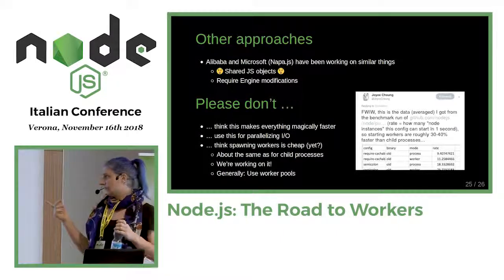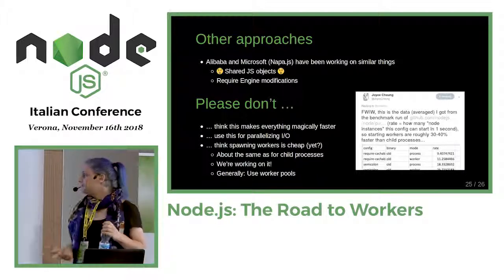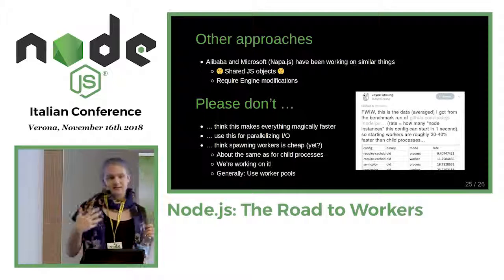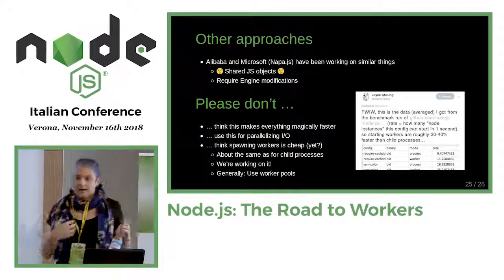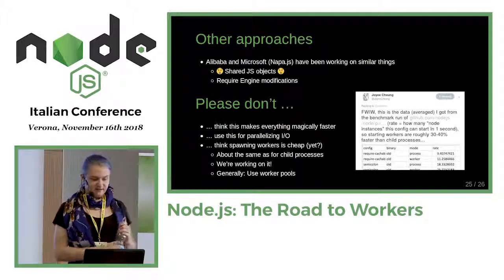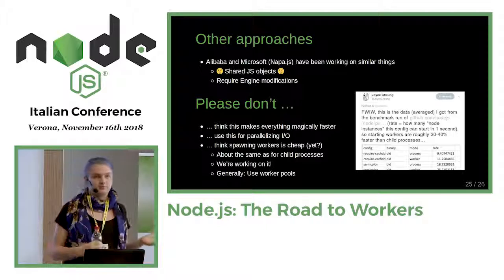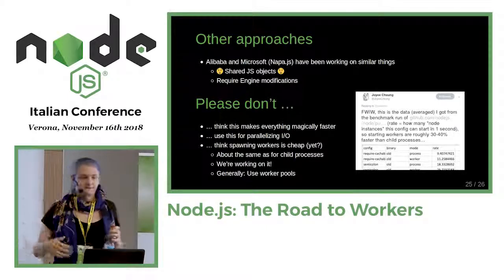A friend of mine actually benchmarked this after I gave this talk last week. She came out with a number of 30 to 40% faster than child processes, which I'm happy about, but it's still not super fast or anything. We're working on improving the startup performance of Node. Mostly she is, to be honest.